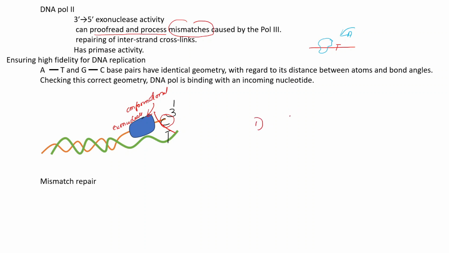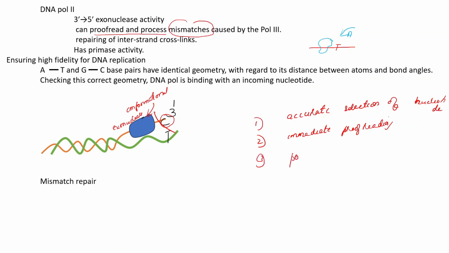First method is the accurate selection of nucleotide, second method is the immediate proofreading, and the third is the post replication mismatch repair.